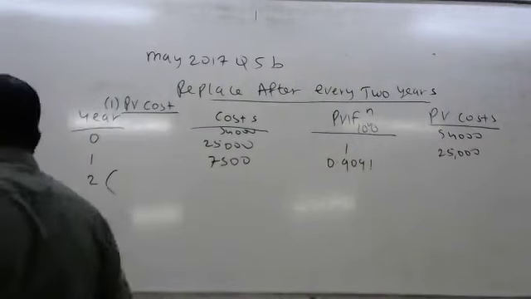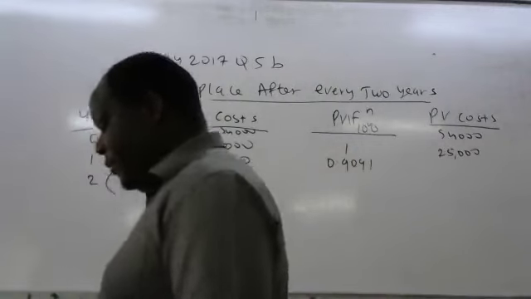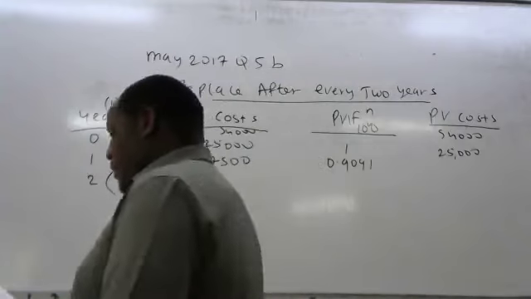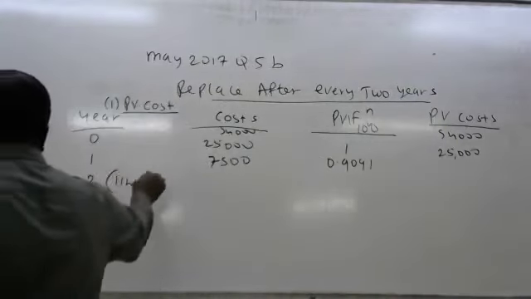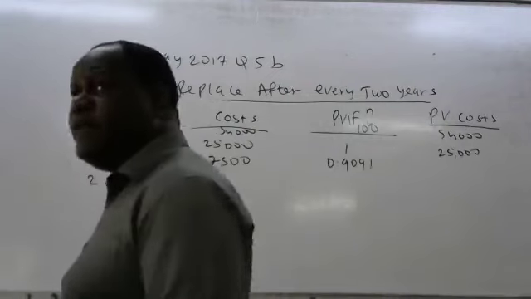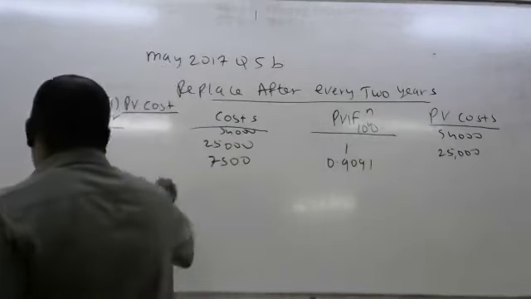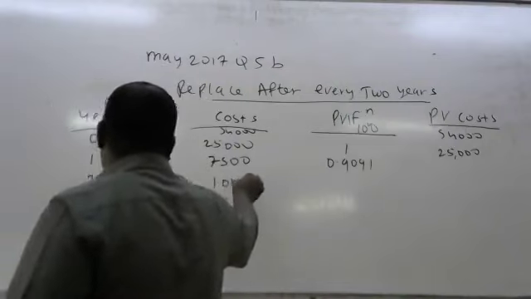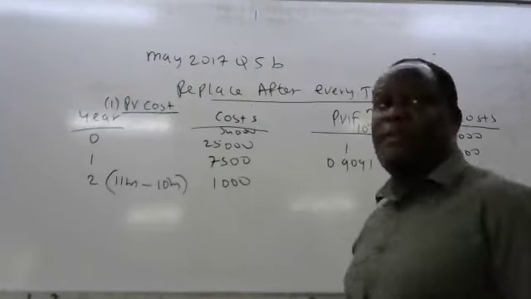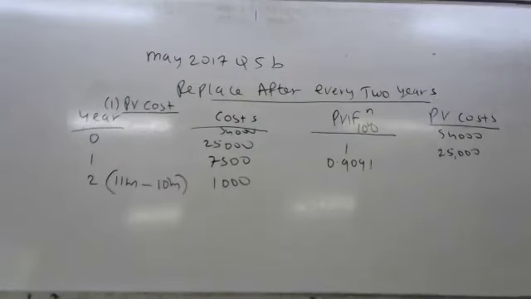For year two, the maintenance costs they gave us are 11 millions. We minus the resale value, which was given as 10 million. So we are left with 1 million.